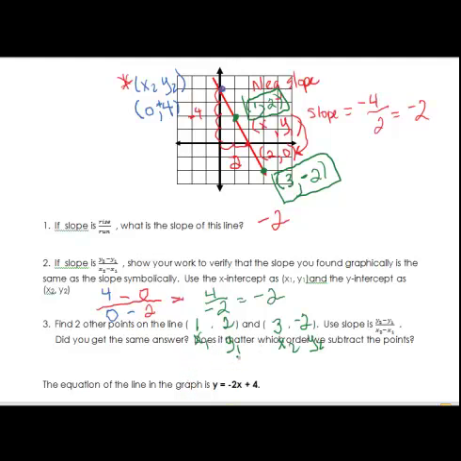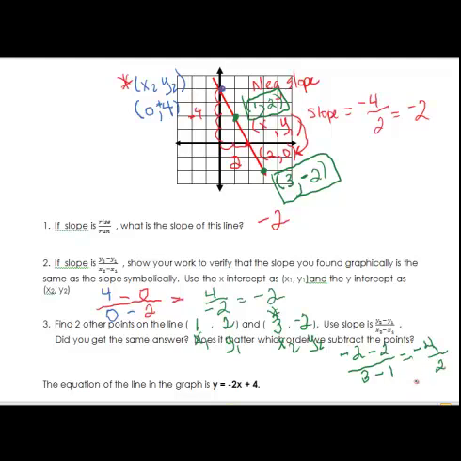So y2 is negative 2 minus y1, which is the other y, or 2. And then we start again with this x, because that's the y that we started with. So 3 minus the other x, which is 1. And that gives us negative 4 when we subtract. And then 3 minus 1 would be 2, which gives us negative 2 again.